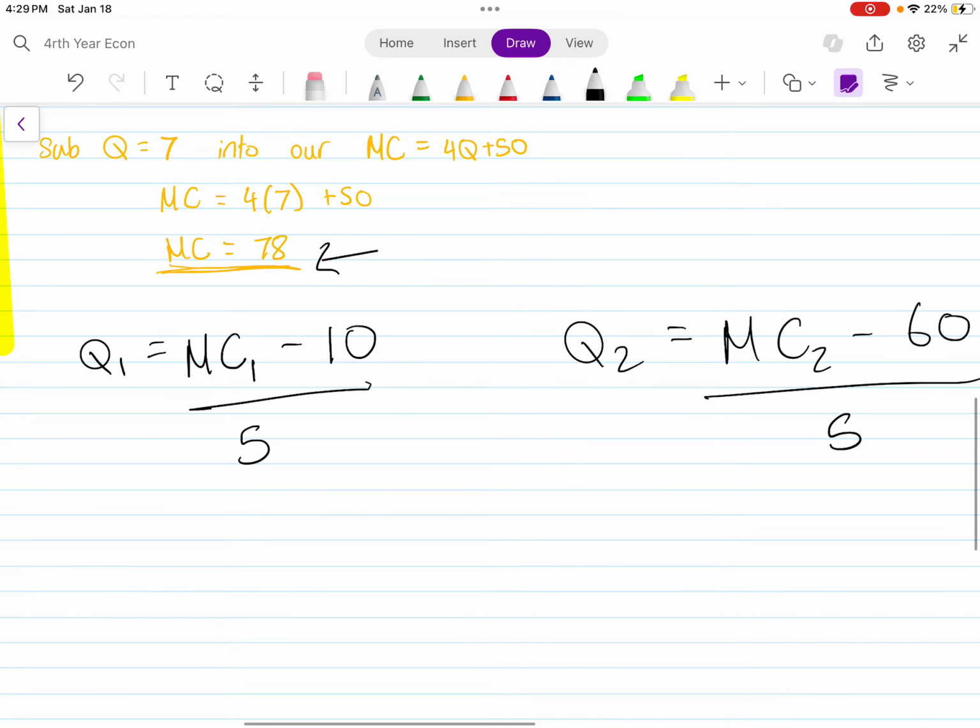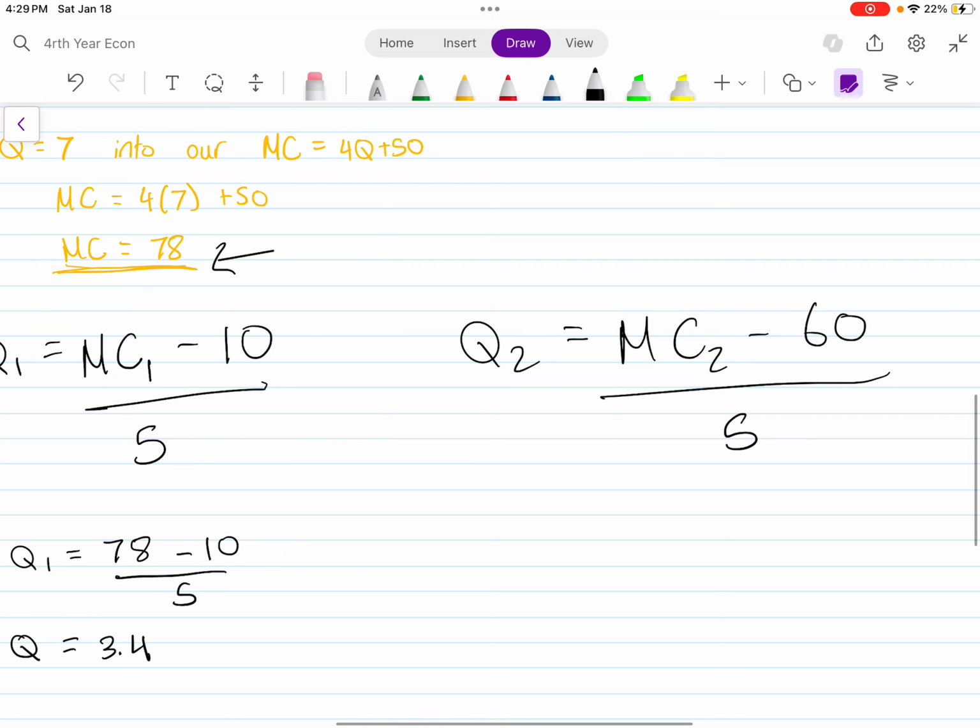So we have Q1 is equal to 78 for the marginal cost minus 10 over 5. And we get the value of Q1 being 3.4. Same thing for Q2. 78 minus 60 over 5. And the value of Q2 is going to be 3.6.